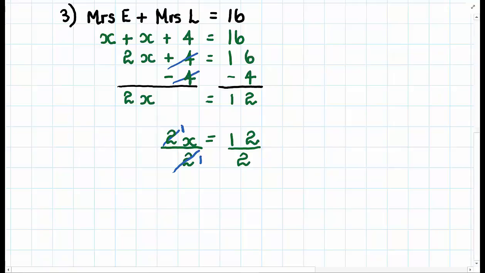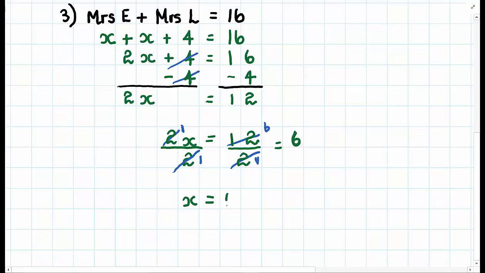So we've got 1x. Well, we don't write the 1 in front of the x. Equals, 2 goes into 12 6 times. So we can say that it's 6.